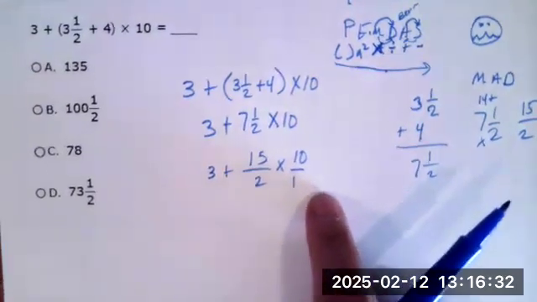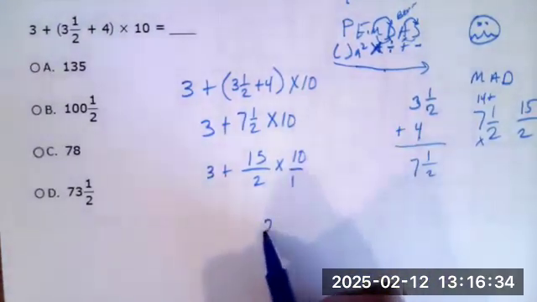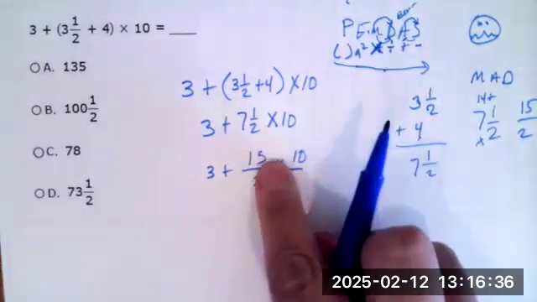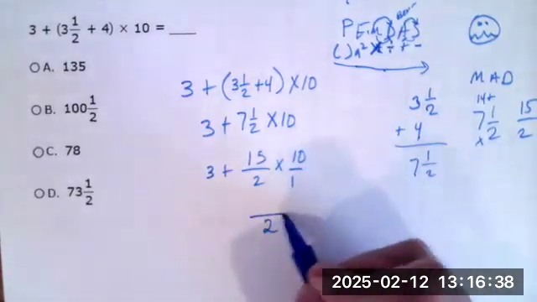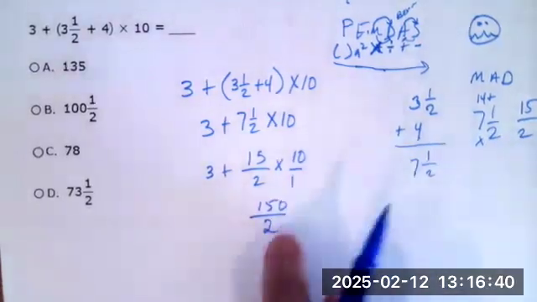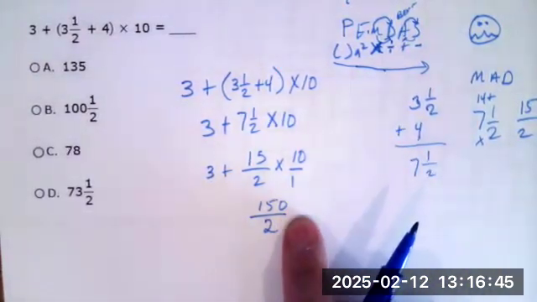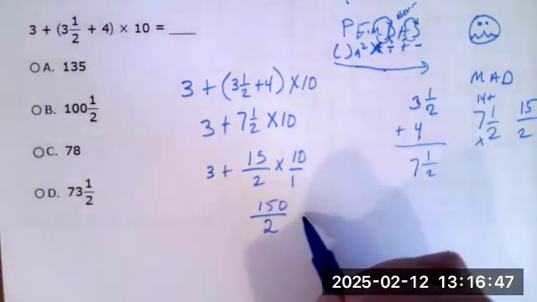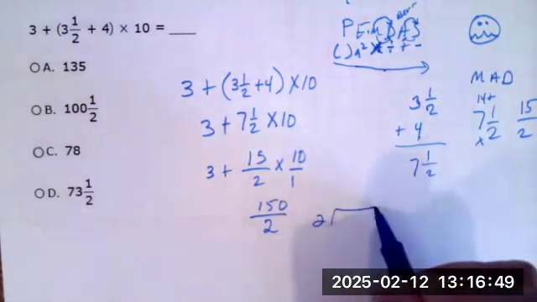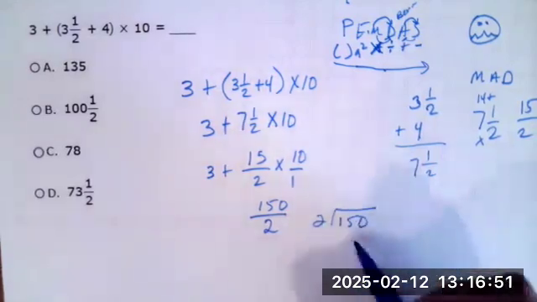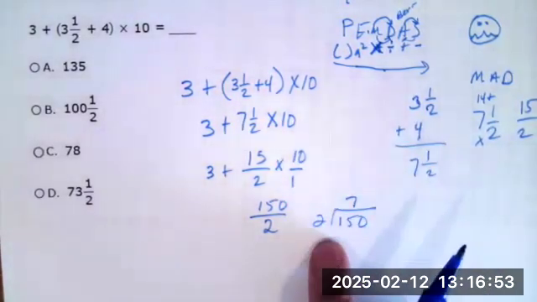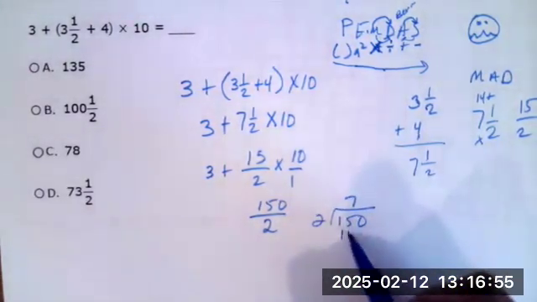Oh, there's a lot of steps here, isn't there? 2 times 1 is 2. And then we have 15 times 10. We know that's 150. All right, we're still not done because we've got to simplify it before we add it to here. So 150 over 2. Let's divide it. I feel like I'm doing something wrong. Okay, 2 goes into 15, 7 times, 2 times 7 is 14.